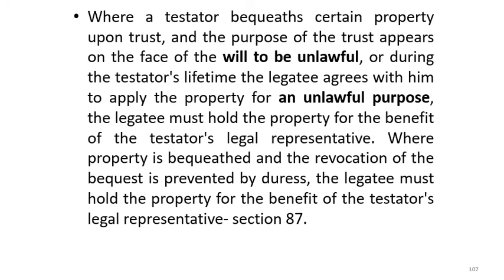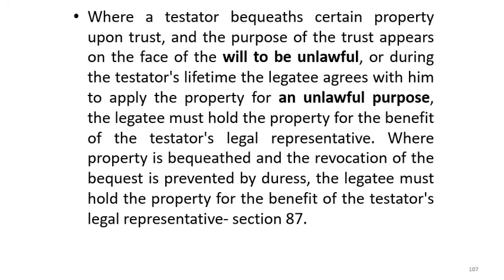Now we will once again try to understand this section, where a testator bequeaths certain property upon trust. The purpose of the trust appears on the face of the will to be unlawful, or during the testator's lifetime, the legatee agrees with him to apply the property for an unlawful purpose, then the legatee must hold the property for the benefit of the testator's legal representative.